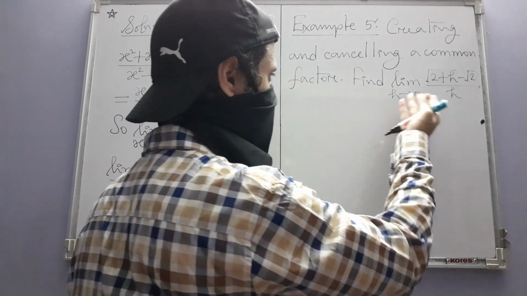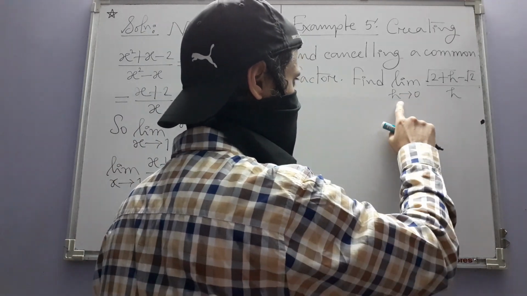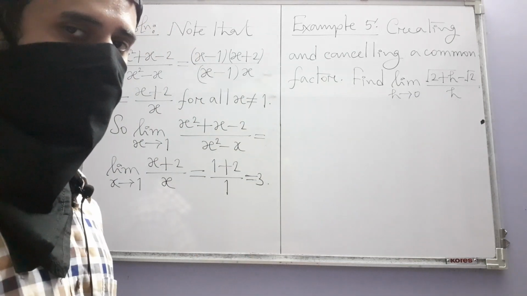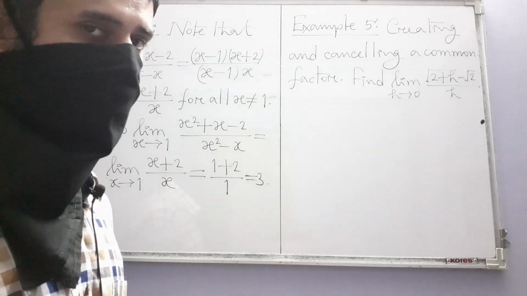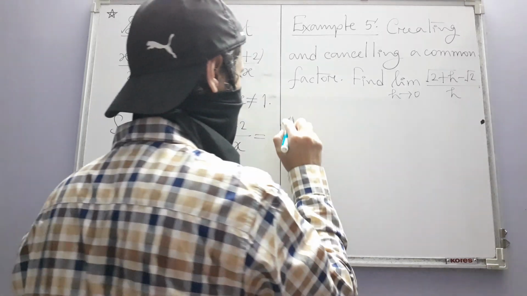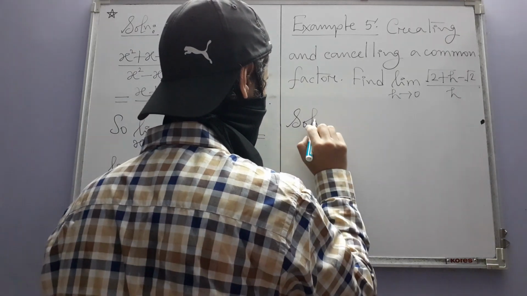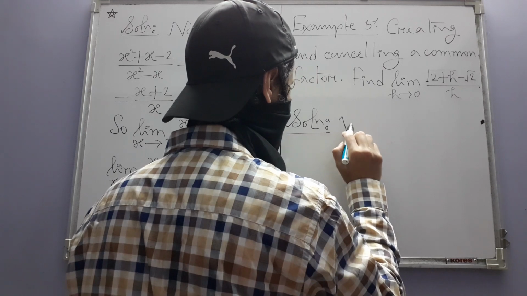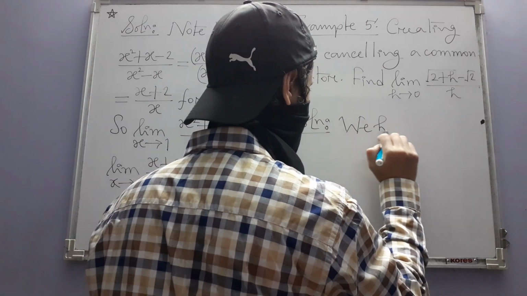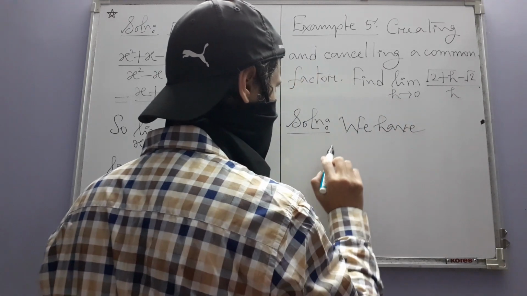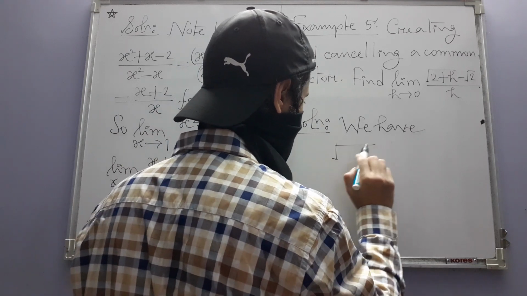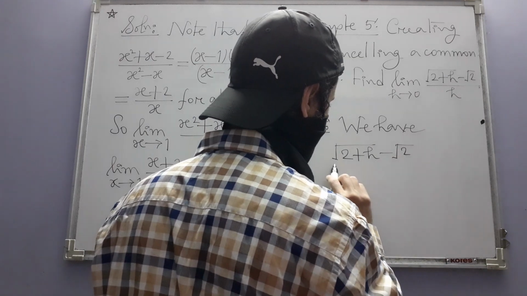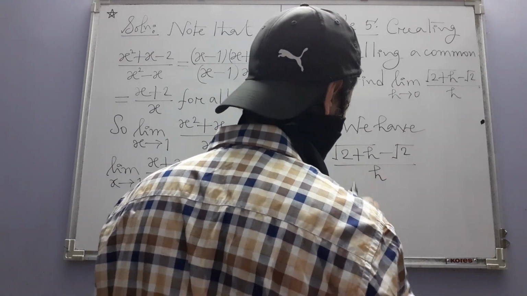You can see that there is a problem in putting h equal to 0. So the denominator h somehow has to be removed, but how? We have, actually, I am almost sure that you know how.